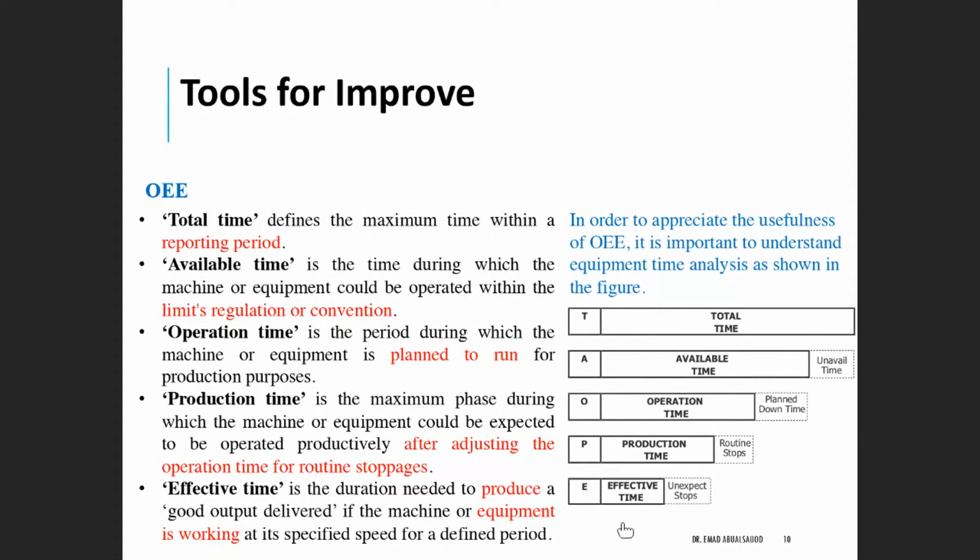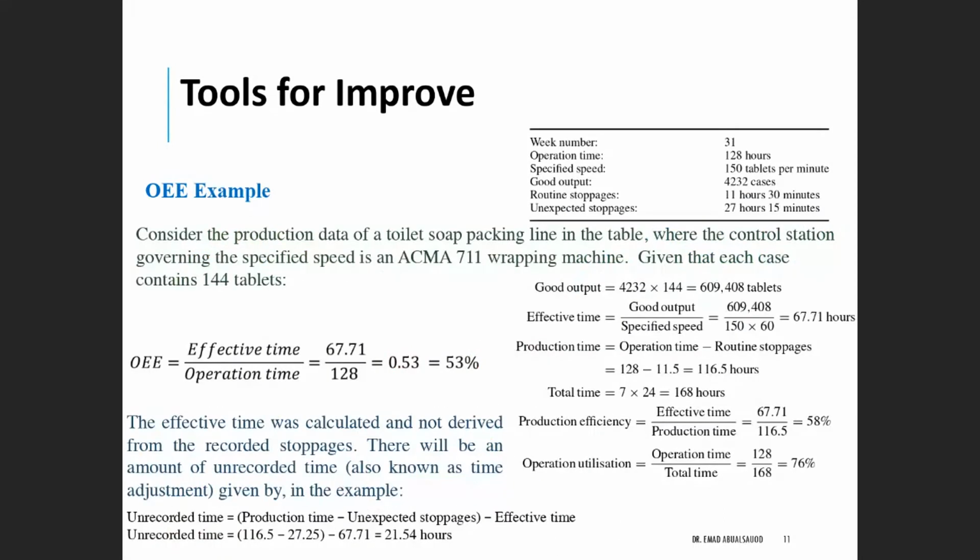Okay, we will take an example now that will explain all these terminologies and define the numbers, and it will make more sense. Consider the production data of a toilet soap packing line.